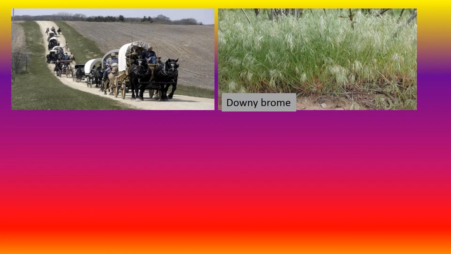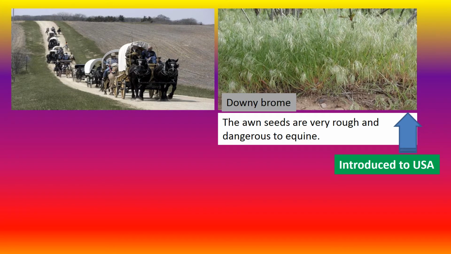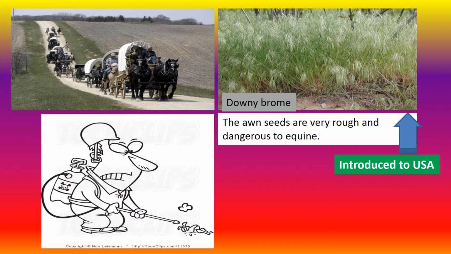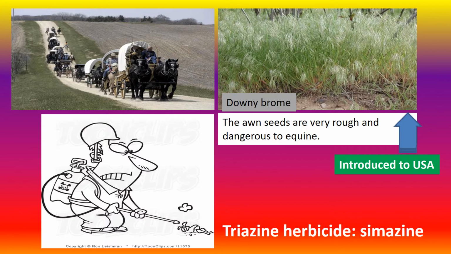When roads were cut, downy brome invaded and dominated roadsides. The awns of the seeds are very rough and dangerous to the equine, to the horses. This species is actually an introduced species in USA. When chemical weed control became available, roadsides were sprayed with the triazine herbicide, simazine, to control downy brome.